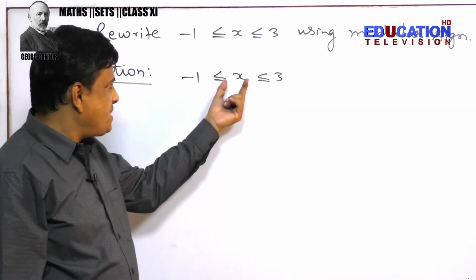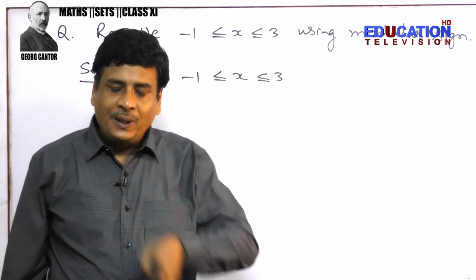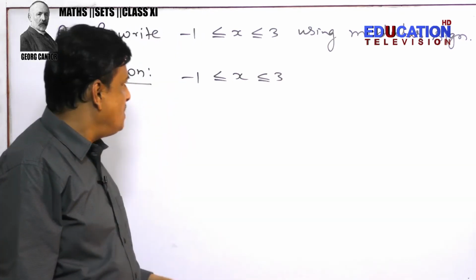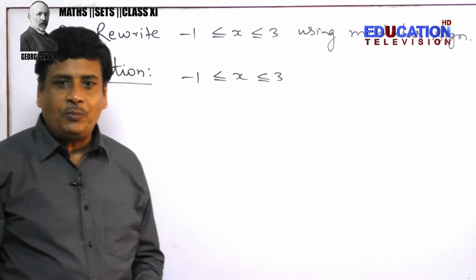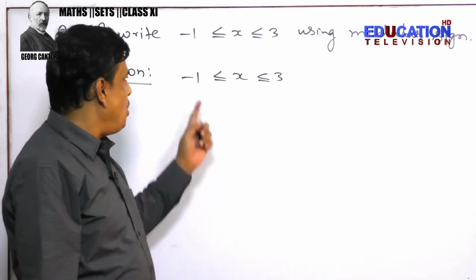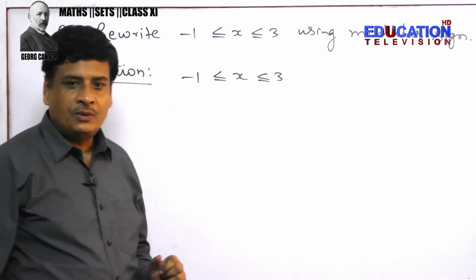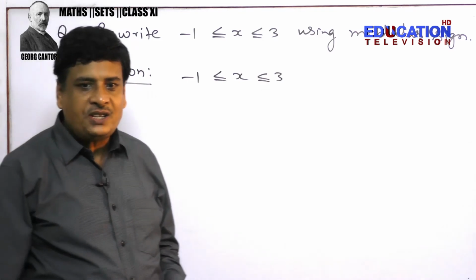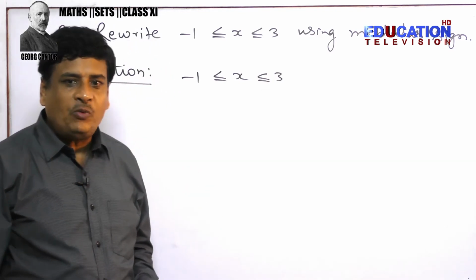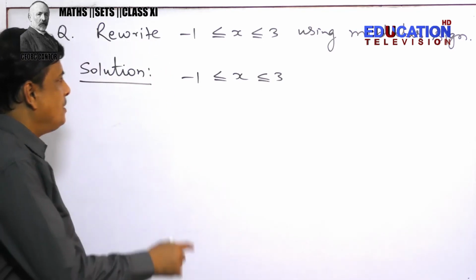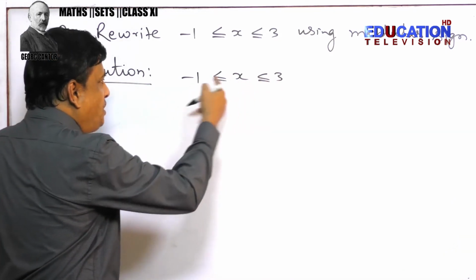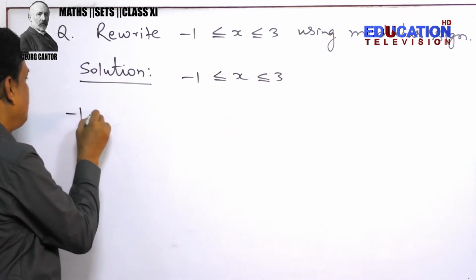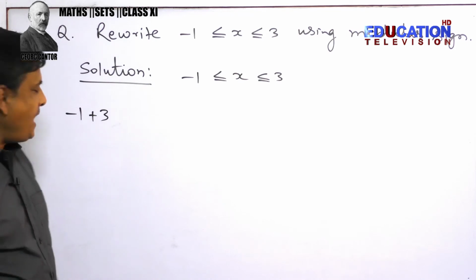Then the modulus of the number written between them can be written less or equal to the positive number. So how can you make these two numbers the same? By certain addition, multiplication or subtraction, we have to find the number. Its technique is to add these two numbers and divide it by 2.